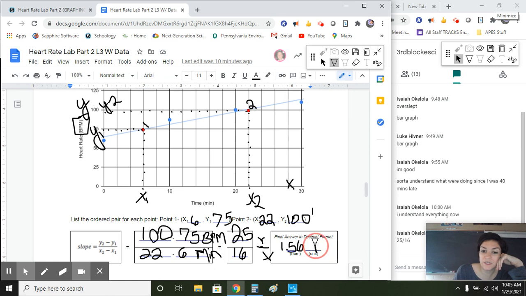So it would be beats per minute divided by minutes. I'm not going to simplify that. You totally can, and it will make more sense. You'll never see beats per minute per minute. They cancel each other out, so it would just be beats per minute. But I don't want to do extra steps because for some kids this is already confusing enough. So just take whatever the y is over the x and pop that into the units.